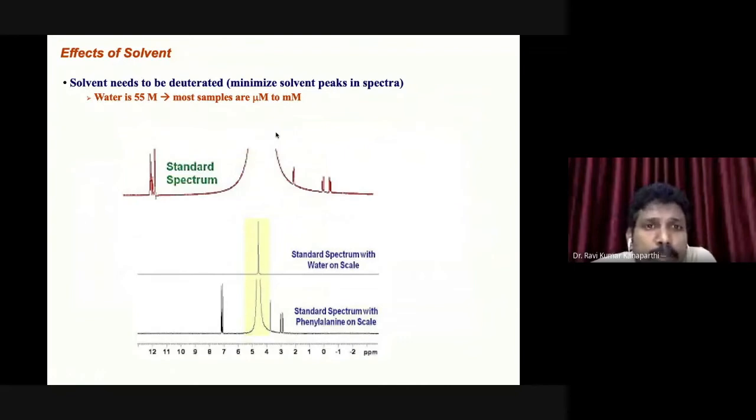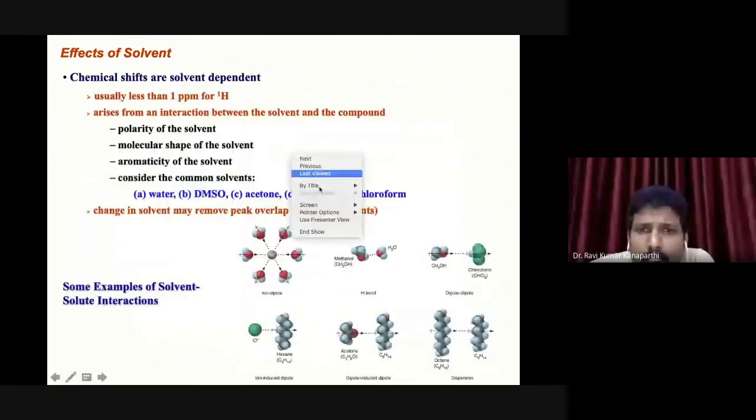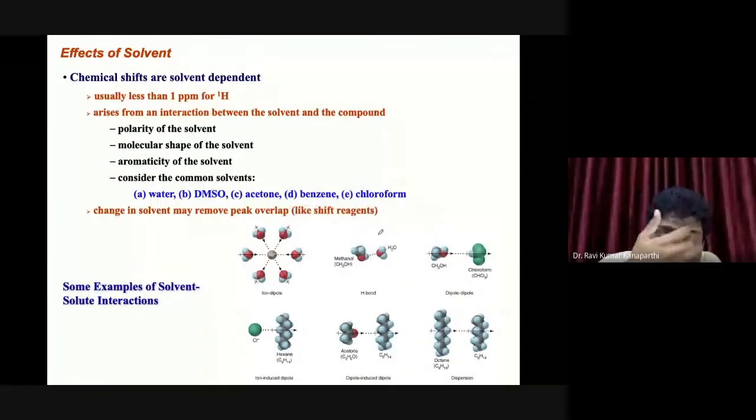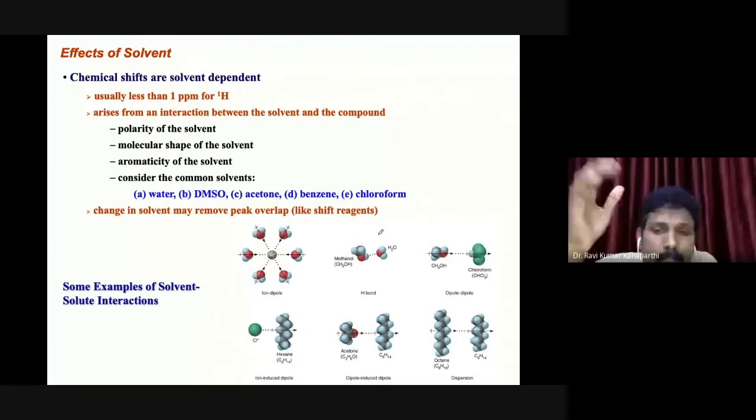And the effect of solvent: now what will be the effect of a solvent? Just imagine that we have so many NMR solvents, and I have given a broad description of what type of solvents are to be taken. I mentioned there itself that we normally use a deuterated solvent.